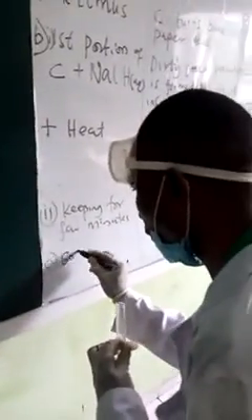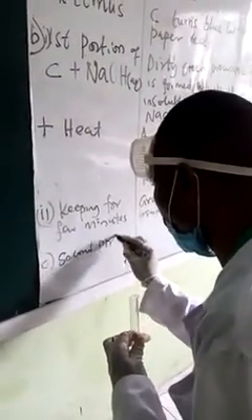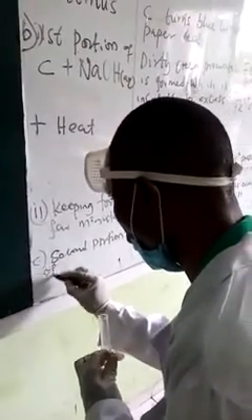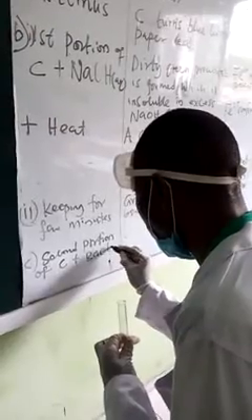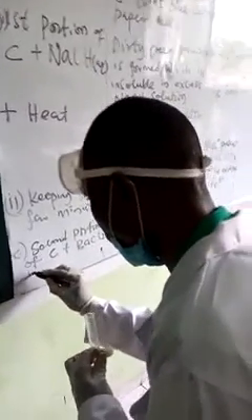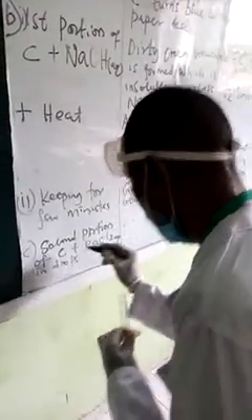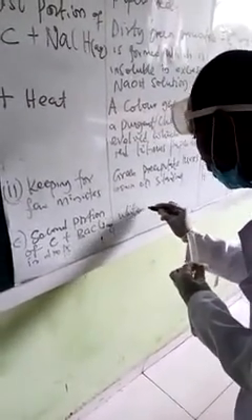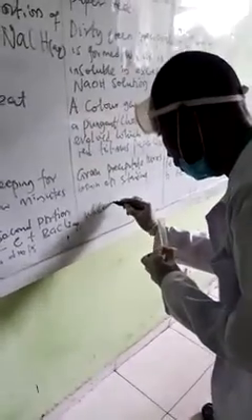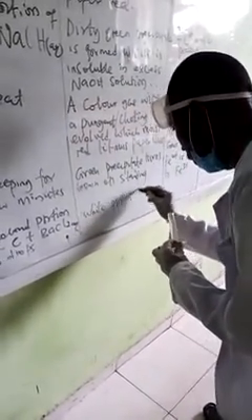So we say second portion of C plus barium chloride aqueous, in drops. So what is our observation? White precipitate is formed.